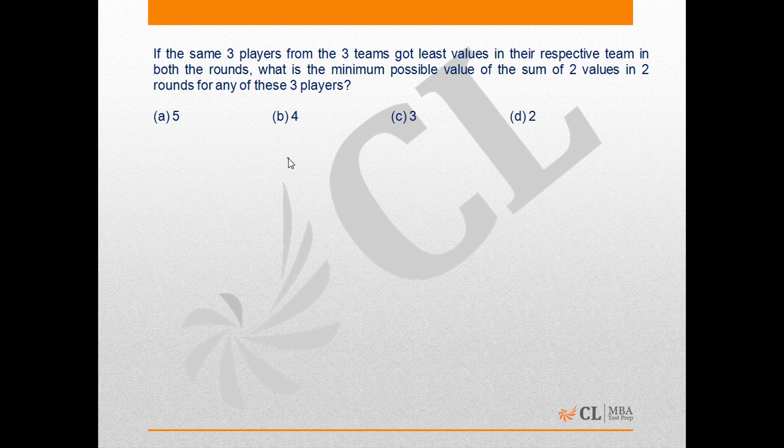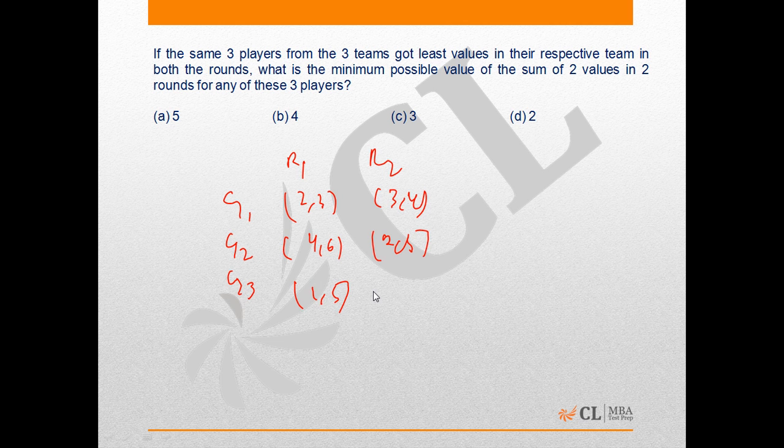And this is possible when the numbers on the die are 2 3 for G1 in round 1, 3 4 in round 2, 4 6 in round 1 for G2 and 2 5 in round 2, 1 5 in round 1 for G3 and 1 6 in round 2.